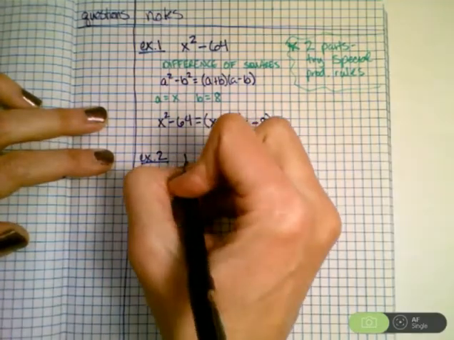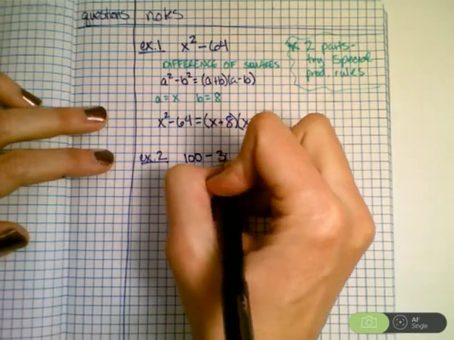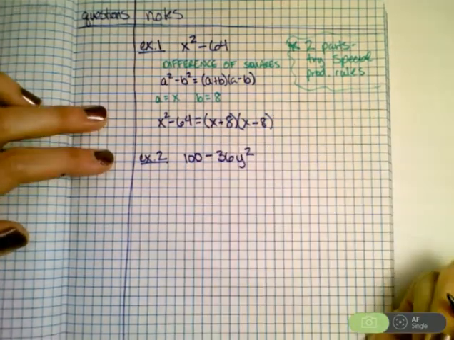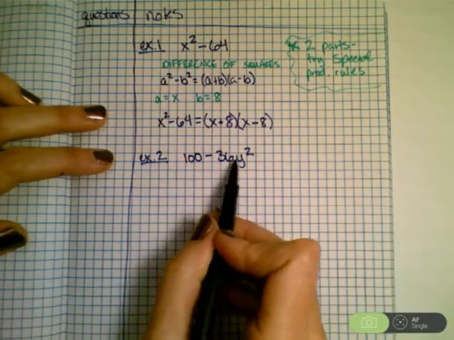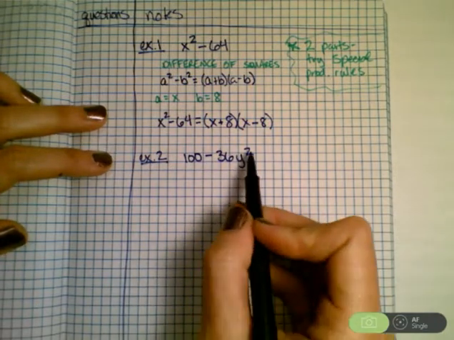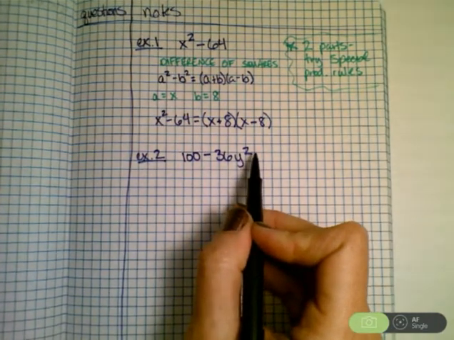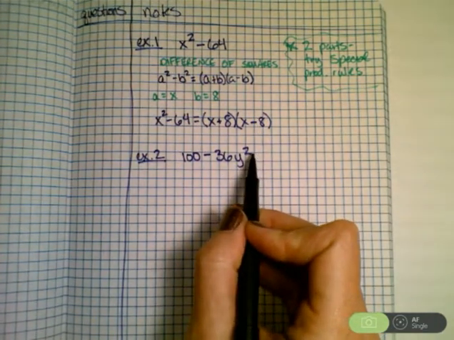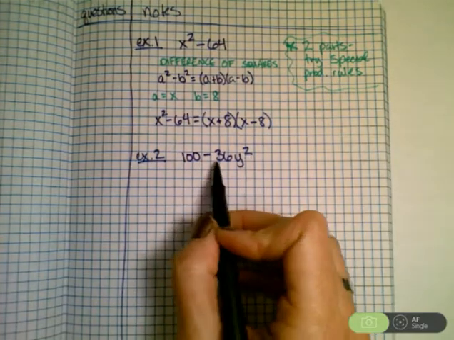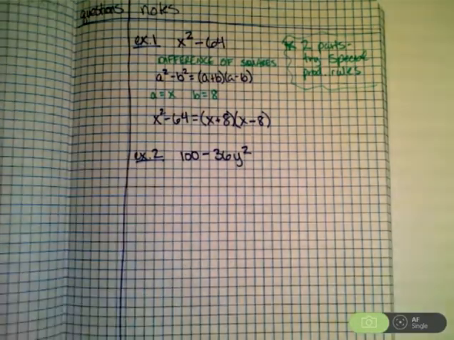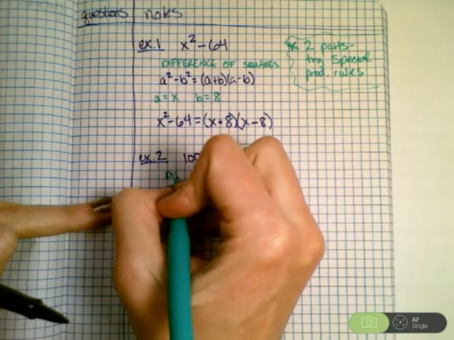Example 2, 100 minus 36y squared. So again, I look at this and I think, okay, I have two parts. I see this squared here, so that makes me think I bet I can somehow find square roots in this. And I can again use the difference of squares.